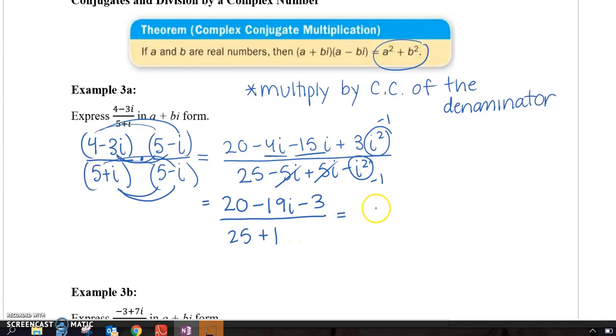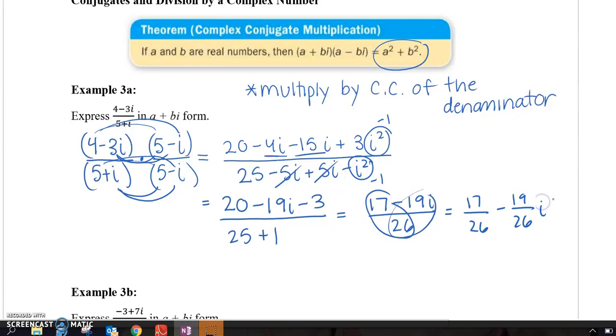Simplifying one more time, we'll get 20 minus 3, which is 17, minus 19i over 26. And then we'll do the Hart method. So our answer is 17 over 26 minus 19/26i, so that it's in our a plus bi form. A little bit tedious, but that's math sometimes.